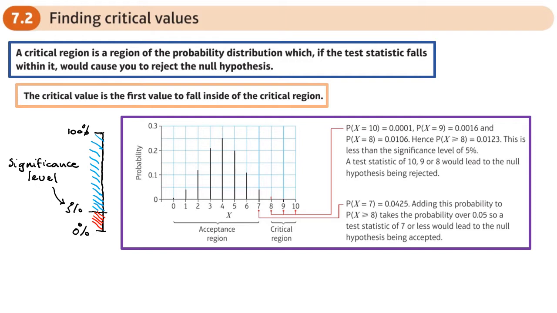So let's go back to our soup example again. Let's make it 20 people that bought soup, and I've got a new improved recipe.